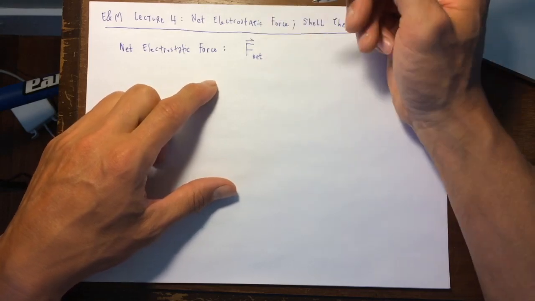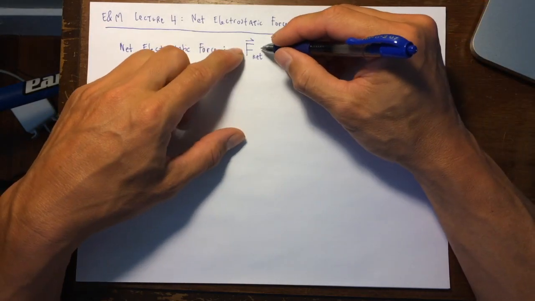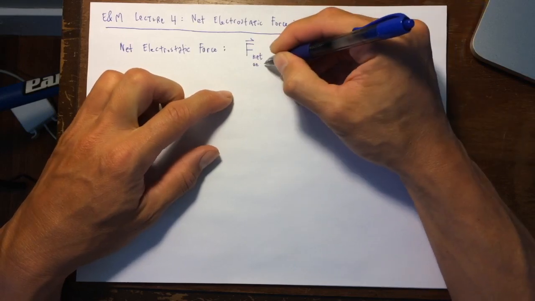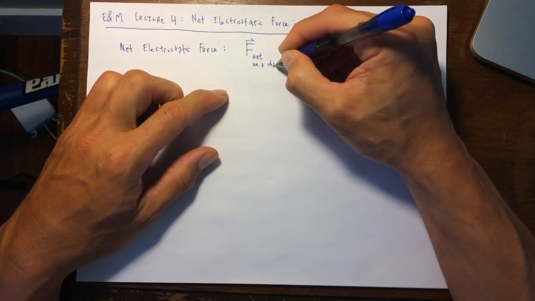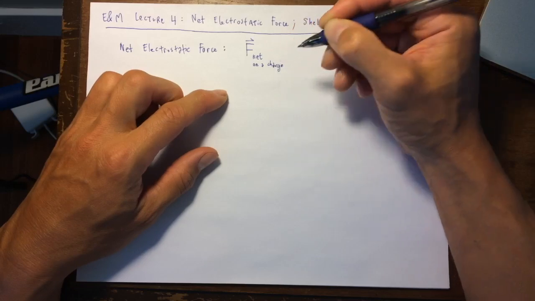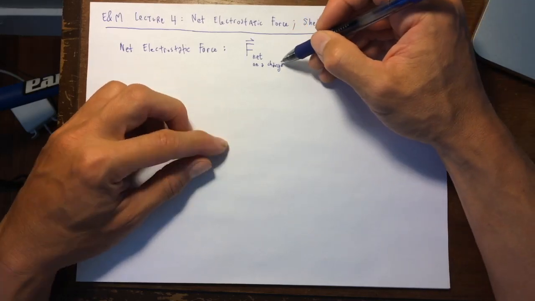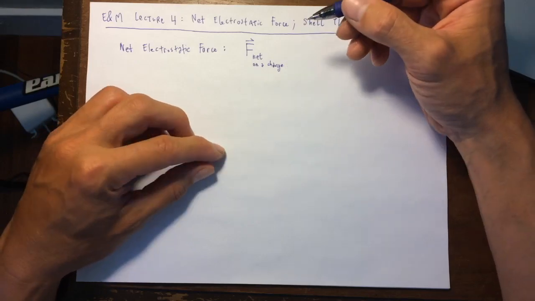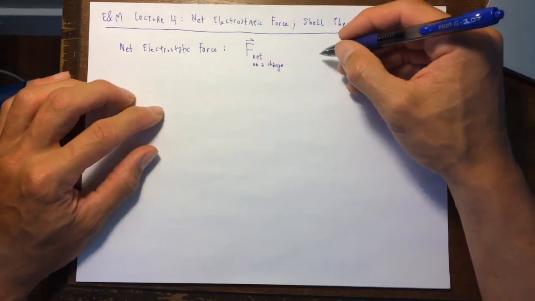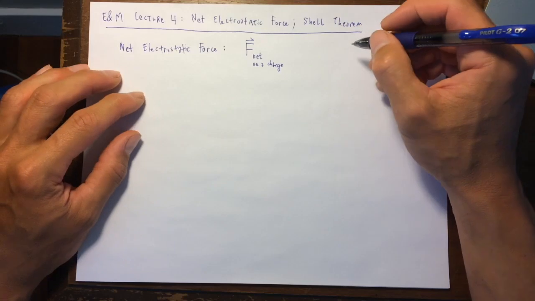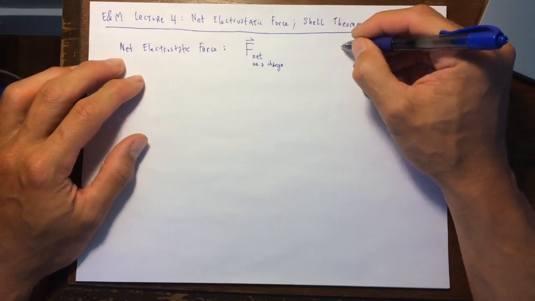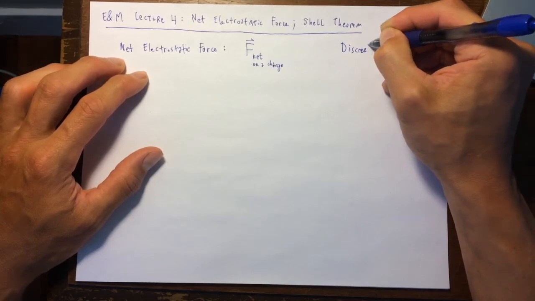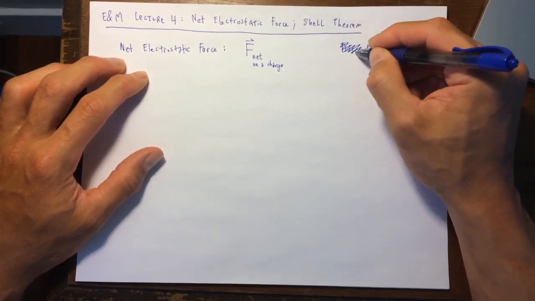So let me just call it F net. But I want to be really careful. It's on a particular charge. That is, I'm going to have to choose a charge to ask what is the net force acting upon the charge.